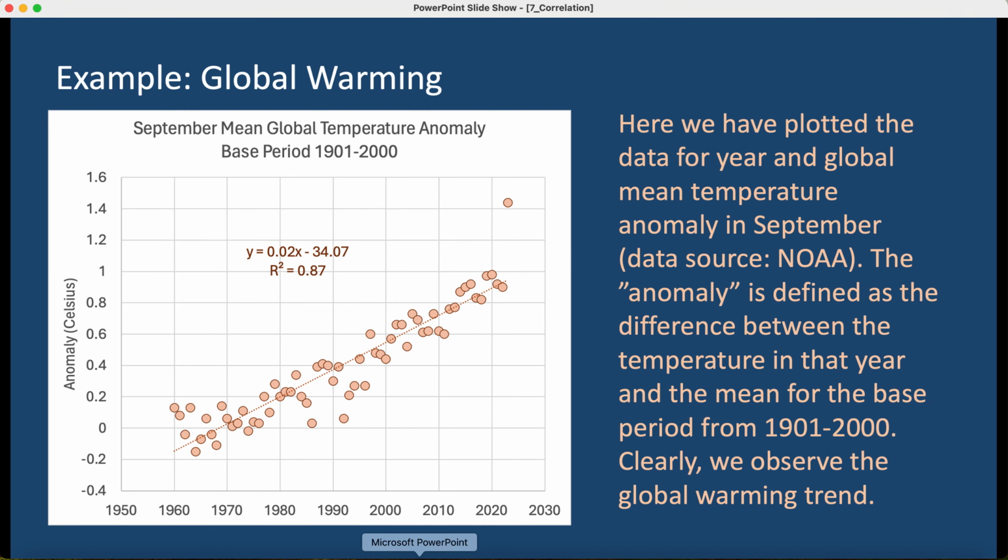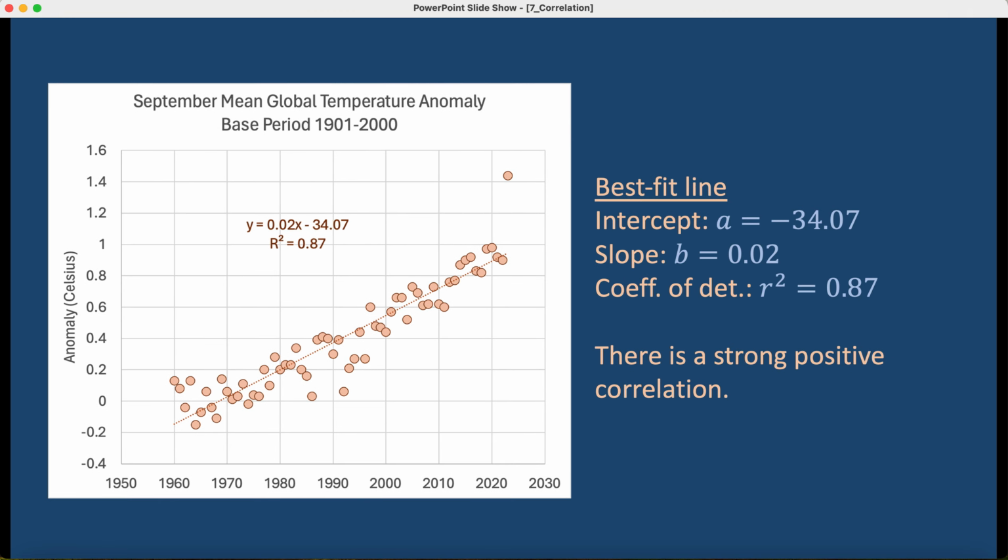Okay, so it is fairly simple to get the information about the line, and then we can think about what to do with that information. According to Excel, the intercept is negative 34.07, the slope is 0.02, and this r-squared value, which is the correlation squared, also known as the coefficient of determination, is 0.87.